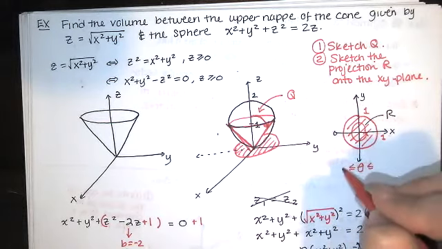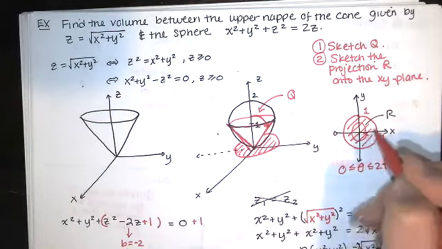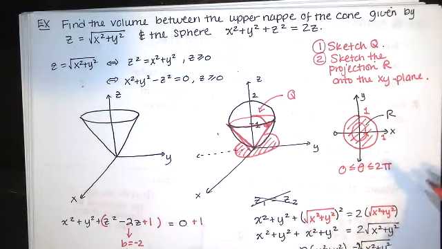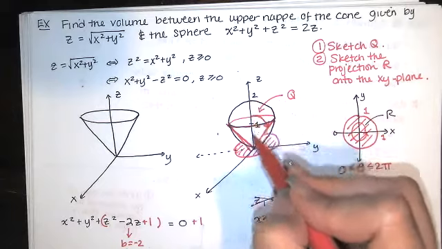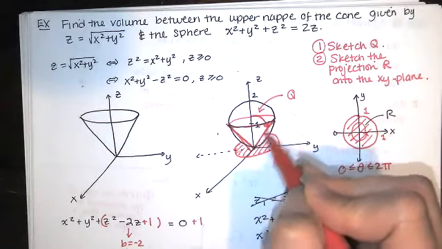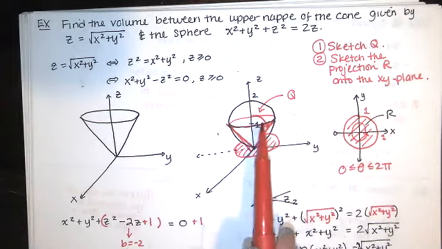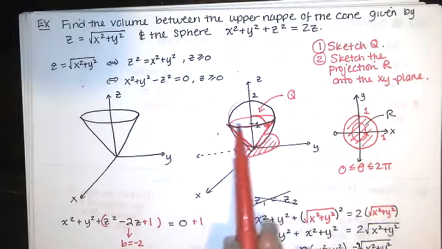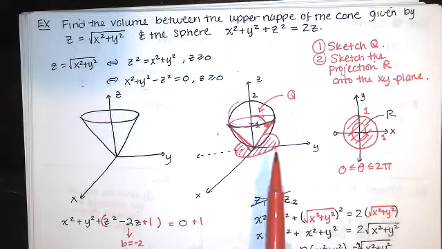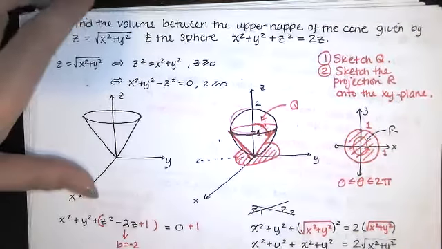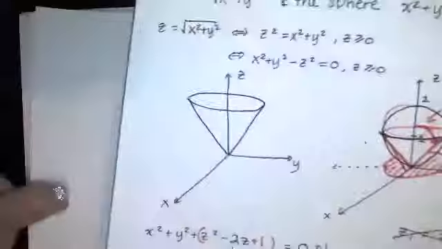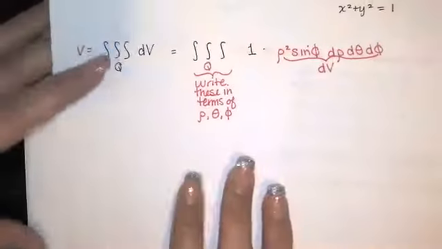So theta goes from 0 to 2 pi, all the way around the xy plane. Phi starts at 0 and goes down to the equation of that cone, which we still need to figure out. The bounds for rho depend on that sphere. So let's figure out what those are.